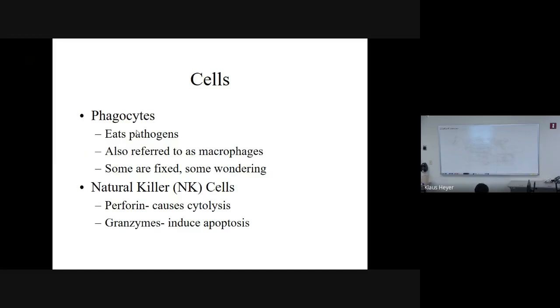Another type is a natural killer cell. These are kind of like T cells, or T8 cells, once we start talking about T cells. Natural killer cells, they don't eat pathogens. They use these 2 weapons that you see here, perforin and granzymes.